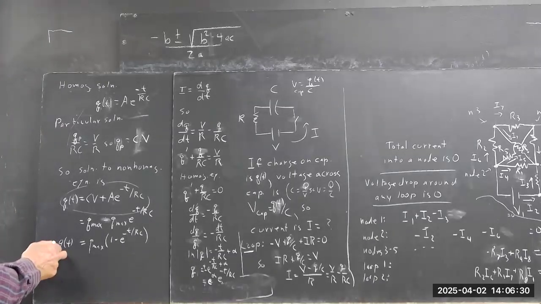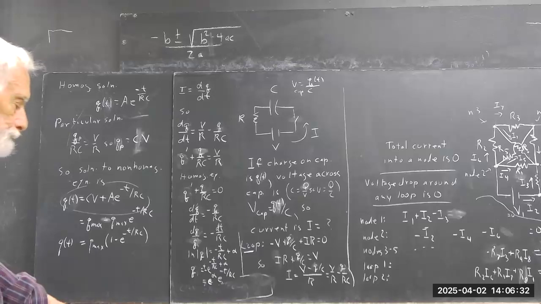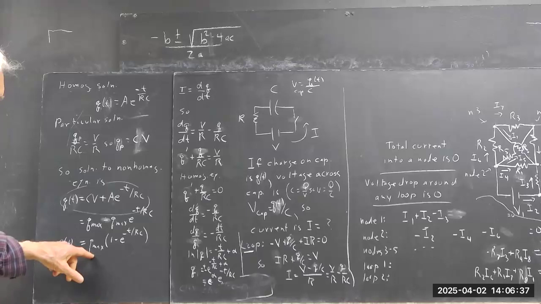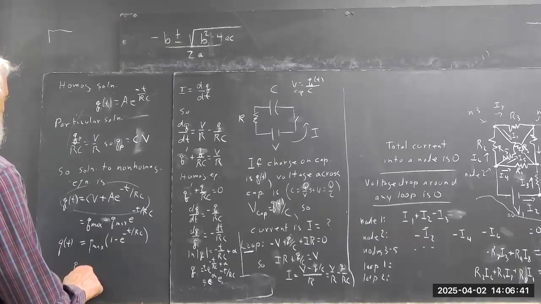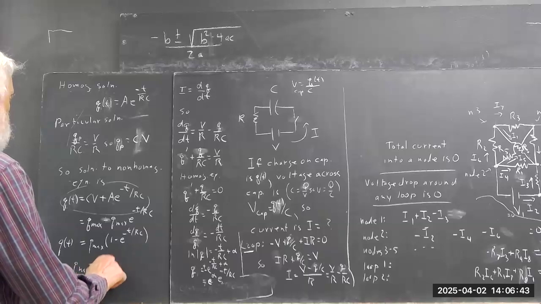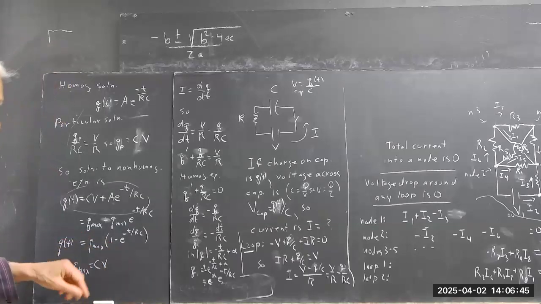Now this assumes that the capacitor started out uncharged. Q max, let's see, and there it is. Your current would be the derivative of this.